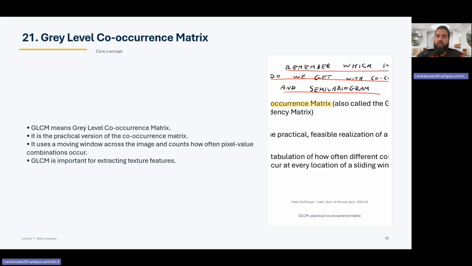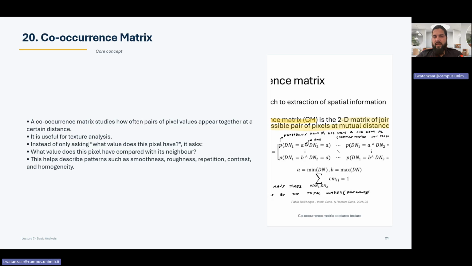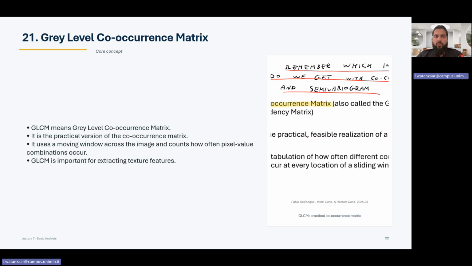GLCM is important for extracting texture features. We have seen that the co-occurrence matrix is useful for texture analysis, so we extract them using the gray level co-occurrence matrix. This is the practical application of the co-occurrence matrix.